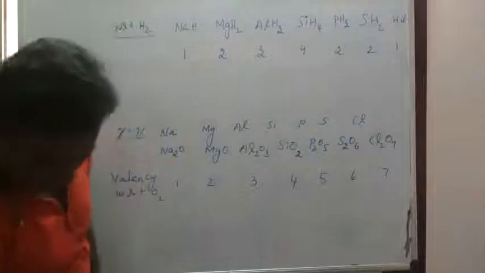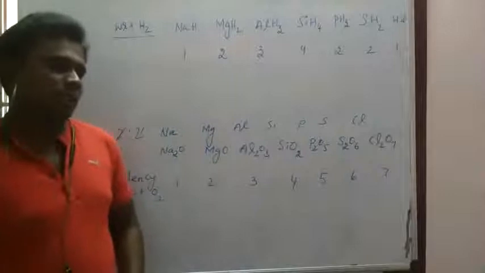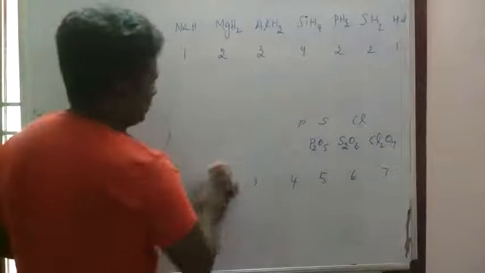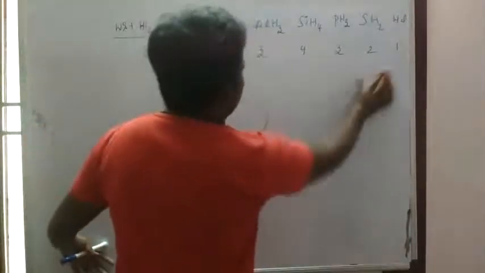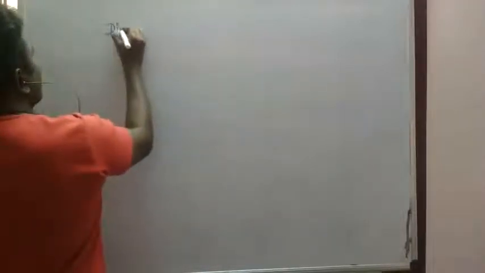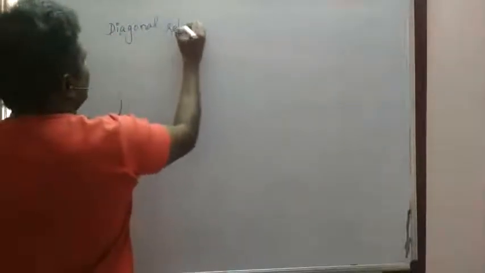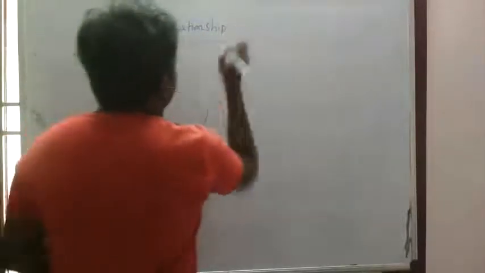Next, let's see the diagonal relationship. We discussed valency as a property along the period. What does diagonal relationship mean?